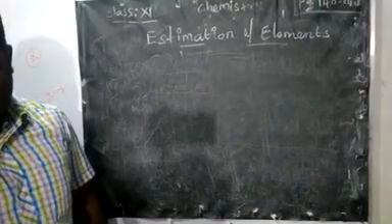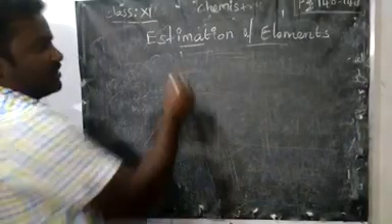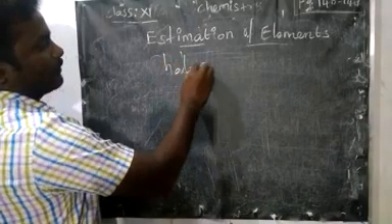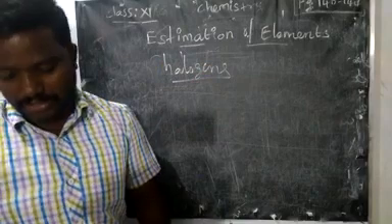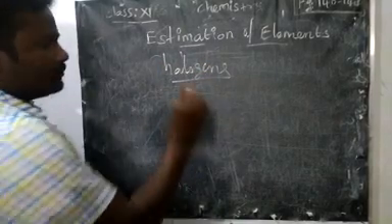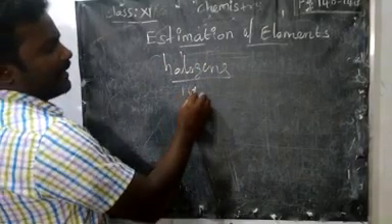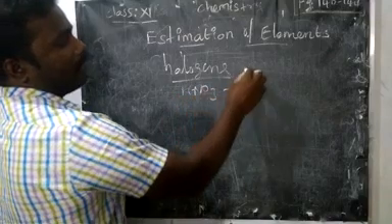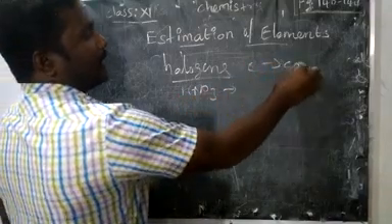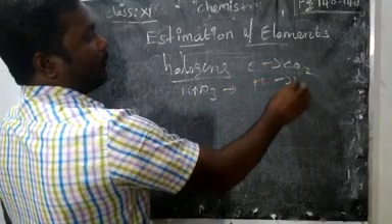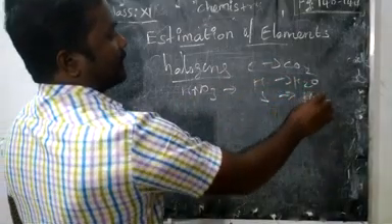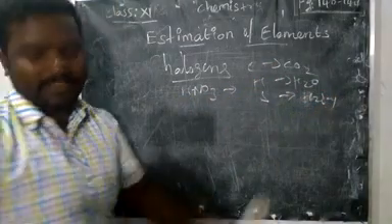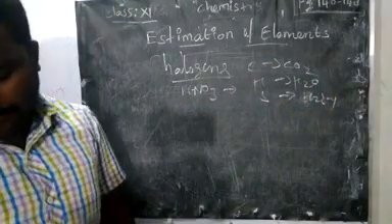Next we are going to estimate halogens. For halogens, the same procedure, we have to take it along with nitric acid. If you heat, what will happen? Carbon will form carbon dioxide, hydrogen will form water, and if sulfur is there, it will form sulfuric acid, but we may not have sulfur here.